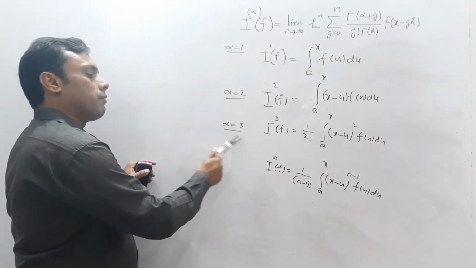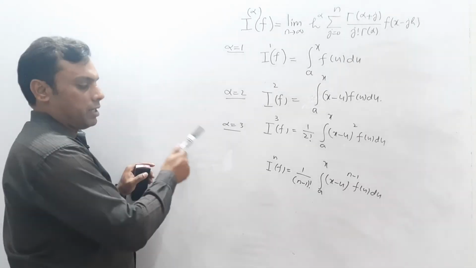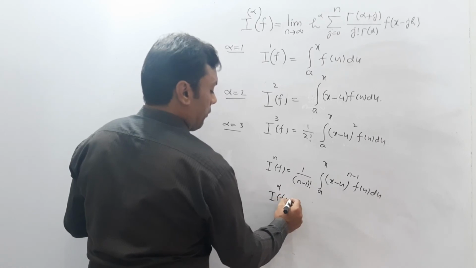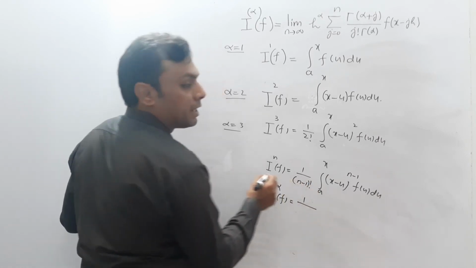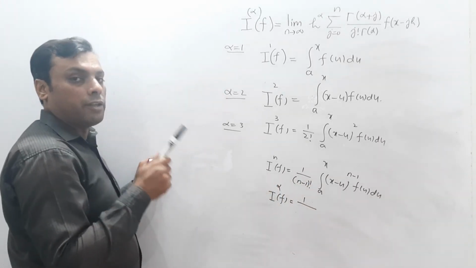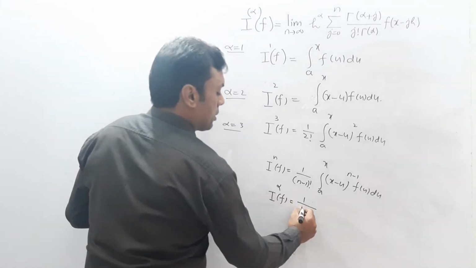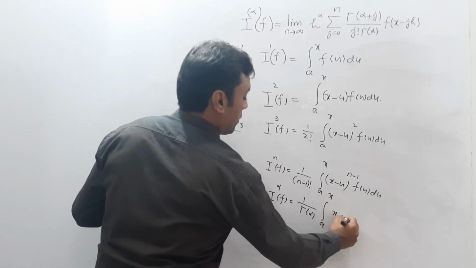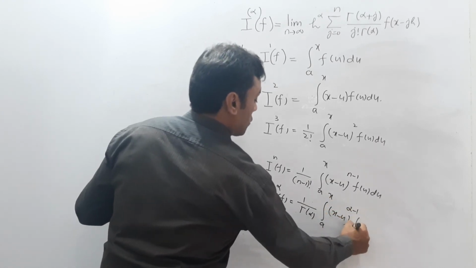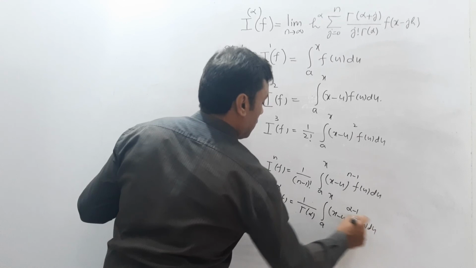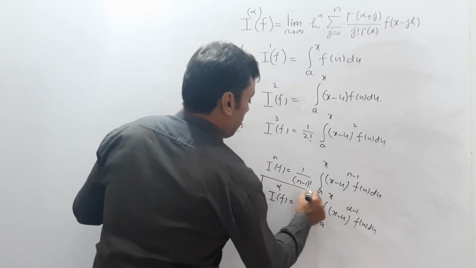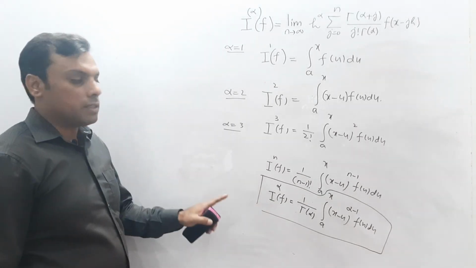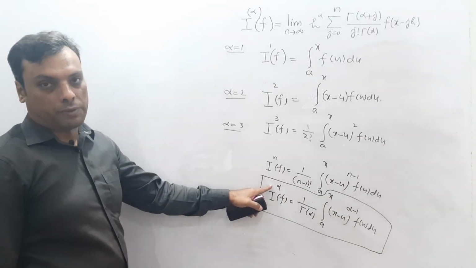Now we can change n to any arbitrary number alpha, so it becomes I alpha of f equal to 1 over alpha minus 1 factorial, which can be written in gamma function notation: 1 over gamma of alpha, integral from a to x of x minus u to the power alpha minus 1 f of u du. This is a very good definition of fractional integral of arbitrary order.